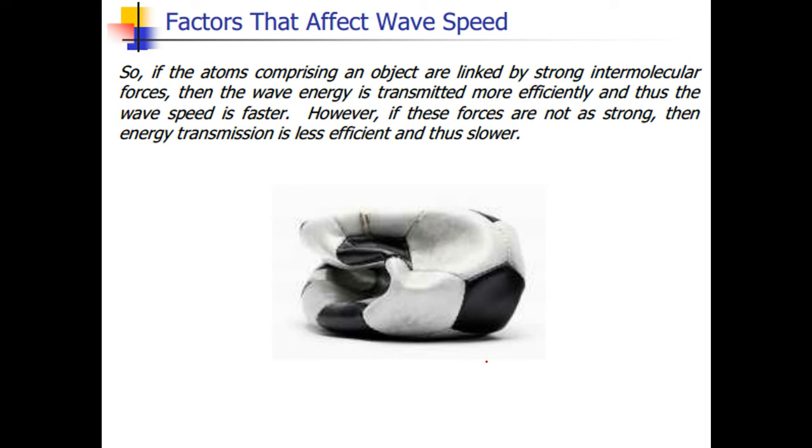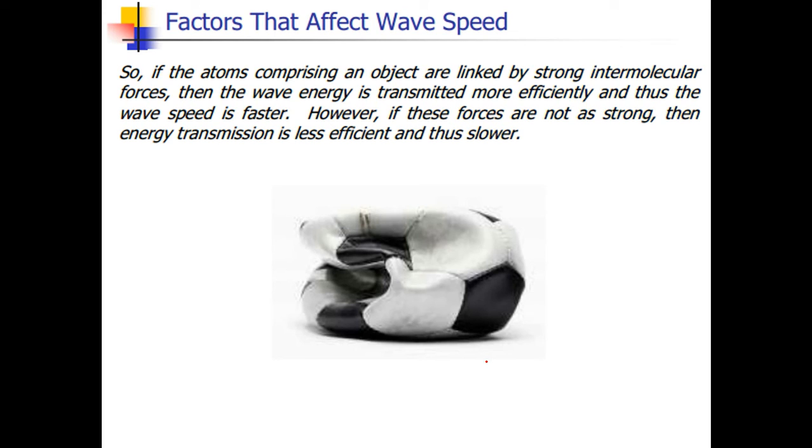So again, if you have the atoms in the object which have strong intermolecular forces, so the bonds, so they're talking about hydrogen bonding and some other chemical intermolecular bonds, then the wave energy that we transmit is going to be more efficient, and thus the wave speed is faster.